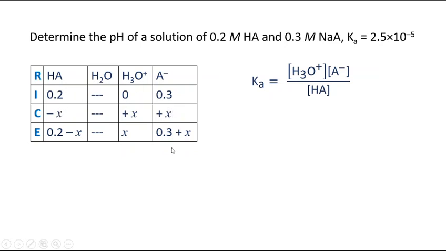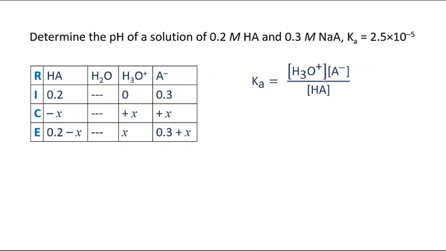But if you try to plug all of this information into your Ka equation, you're going to have to be solving for a lot of different X's. It's going to become a nightmare. But one thing that will help us all out, same kind of idea from the previous chapter, is we can assume because our Ka is times 10 to the negative 5, this is a very small Ka value.